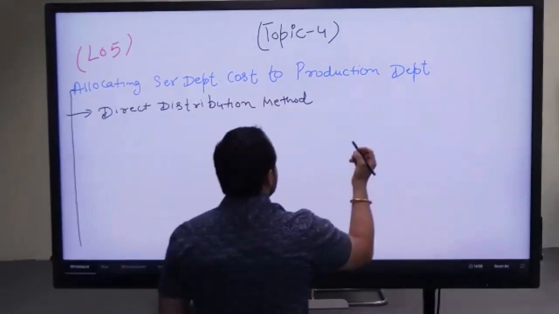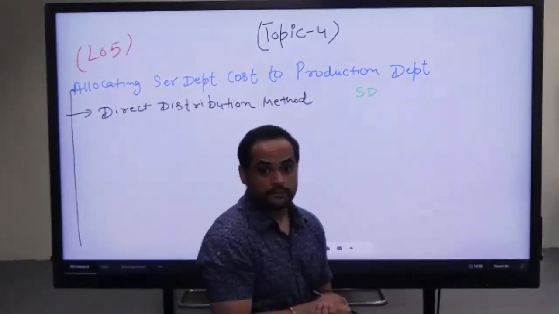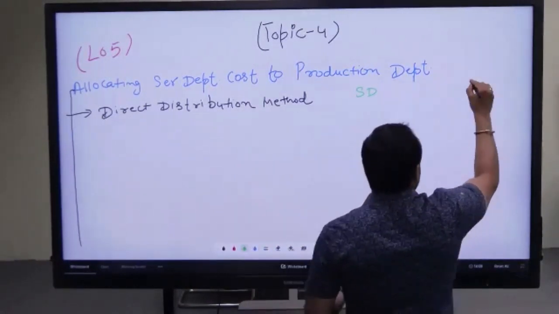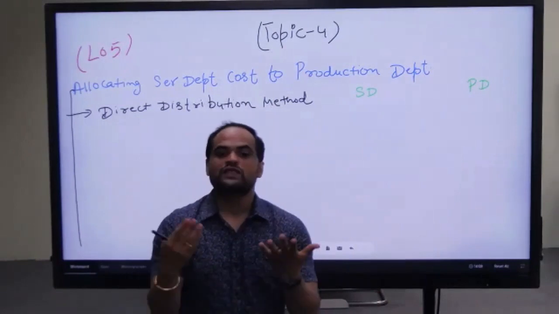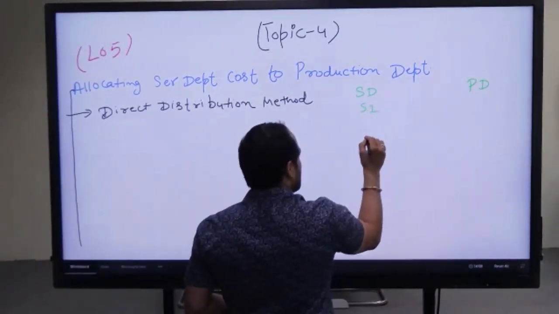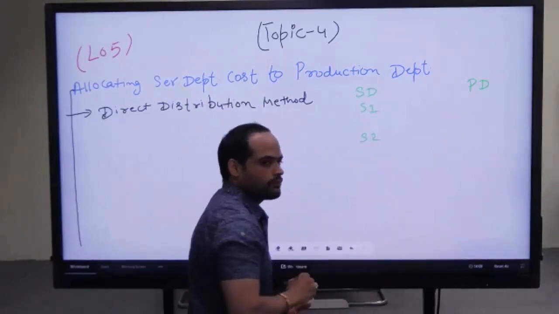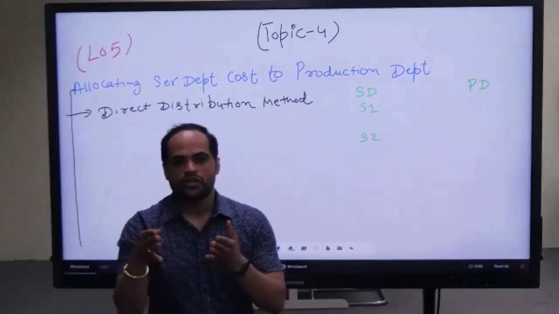So let's say you have service departments, all right? And here you have production departments. So you have 2 service departments, let me write down S1 and S2. These 2 service departments are involved in production activity.